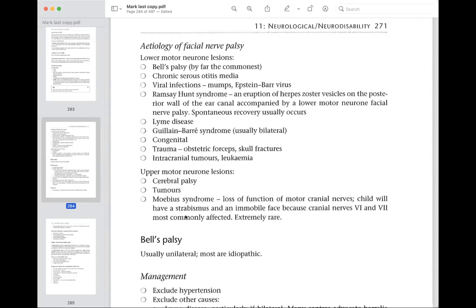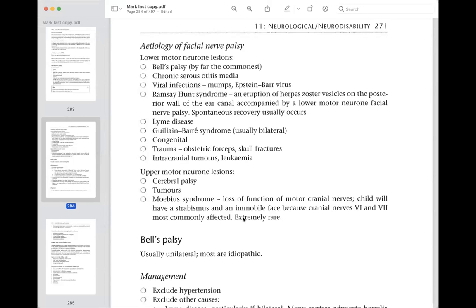The child will have strabismus and an immobile face, because cranial nerves 6 and 7 are most commonly affected, and this is an extremely rare condition. You will also see the squint because nerve 6 is affected. So there can be squint, and 7 can cause the upper motor neuron type of facial palsy, but he is telling it is rare. Usually it involves cranial nerves 6 and 7. Next is the CP and tumors.